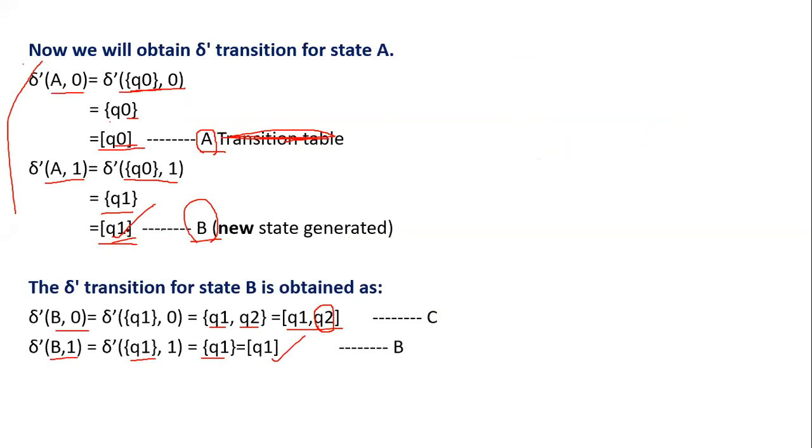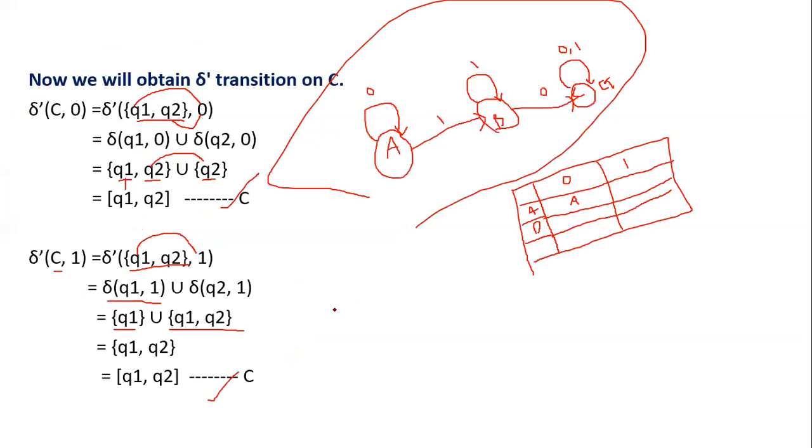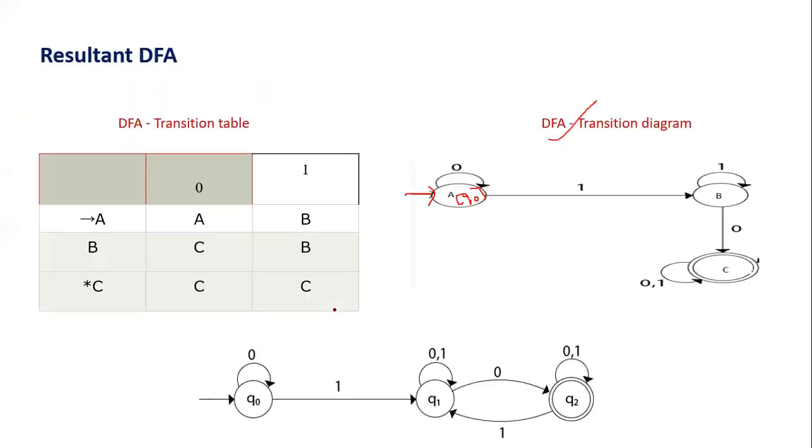For example, if the A state had Q0 comma Q2, then that A state would also be a final state. Wherever you find the final state of the NFA, that is a final state of the DFA also. Now here we have Q2 only in the state C, so C is the final state. So I have mentioned it with a double circle. Is it clear, ma'am? This is the way we can draw the transition table also.